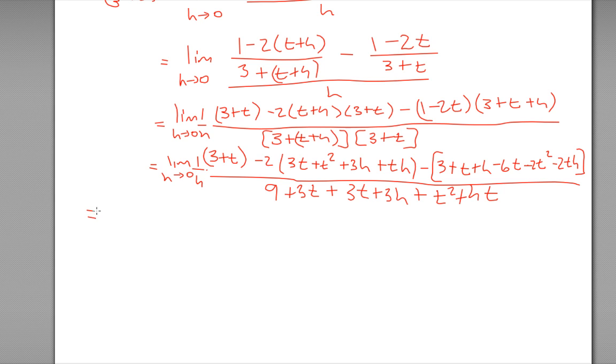All right. So let's see if we can clean some of this up. This is the limit as h goes to 0 of 1 over h times, all right, let's take a look at the top. 3 plus t minus 6t, minus 2, minus 2t squared, minus 6h. Let's see here.